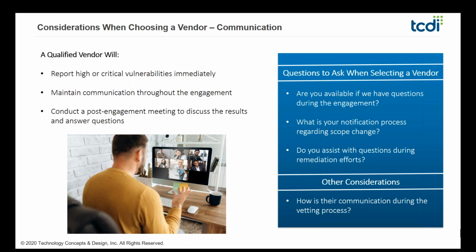So you want to make sure that you're choosing a vendor that is willing to communicate throughout the engagement, and communicate their methodologies. We've had engagements where we had almost daily, I believe every few hours, communication with the end client, because the end client had a very large network, and we essentially segmented portions of their network that were being tested.